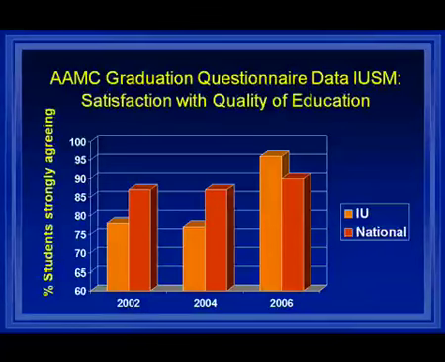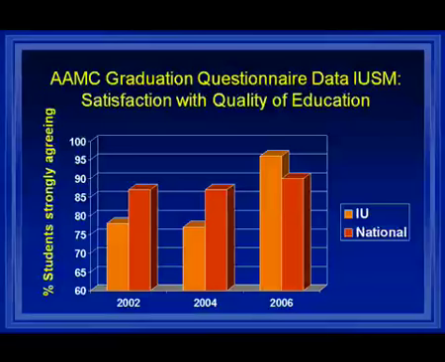It's kind of interesting. I abridged the figure here. This is the AAMC graduation questionnaire that is asked of medical students upon graduation in terms of satisfaction with the quality of their education. And you're looking at the percent of students who strongly agreed or agreed that this was a very good, high-quality experience.